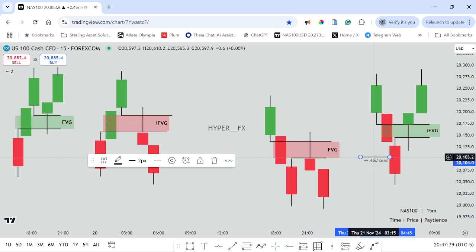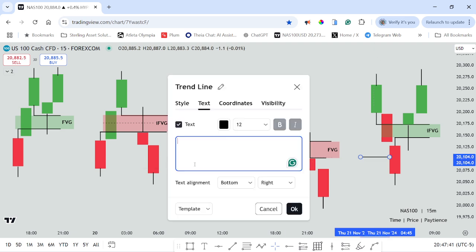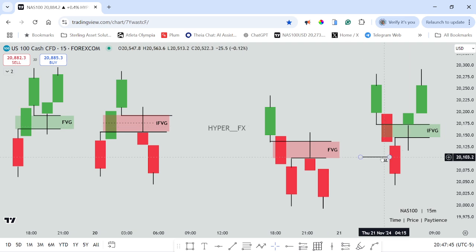This is what validates an inversion fair value gap. Once there is a sweep of liquidity first of all here, then you will start looking to take buy positions once price starts going up and starts closing above fair value gaps to make them inversion fair value gaps.